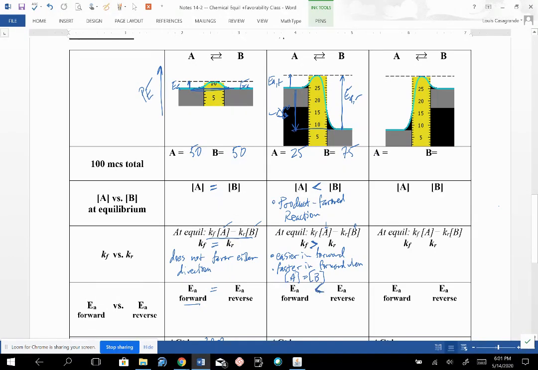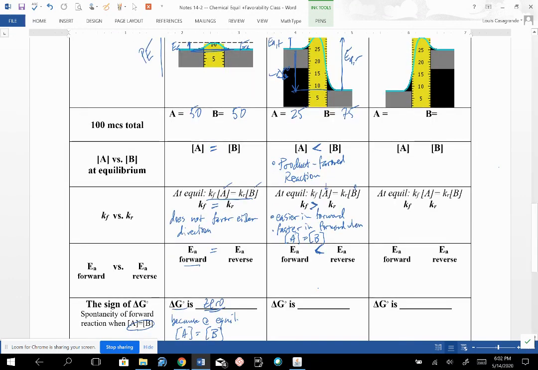So the activation energy is lower than the activation energy in the reverse direction. All right, so this again favors the forward direction. So this favors the forward reaction. Forward direction is the way we kind of say it colloquially.